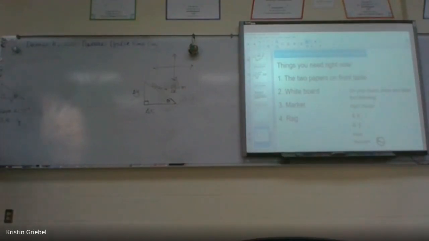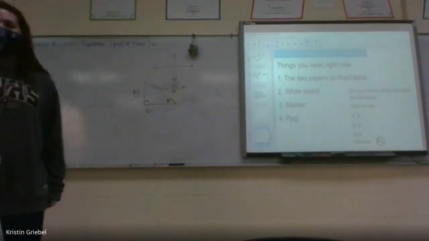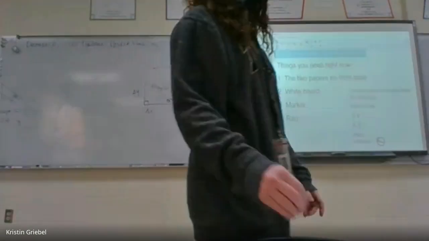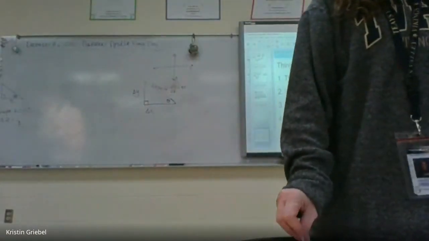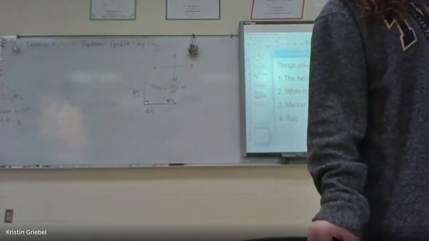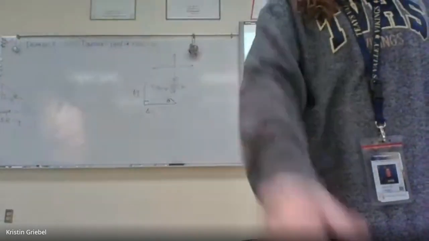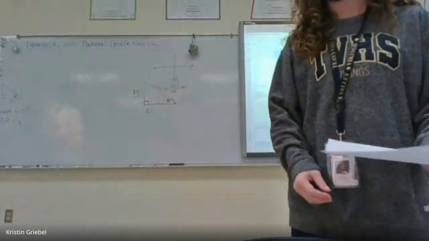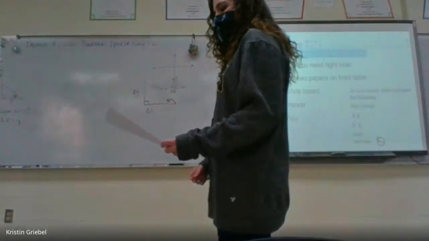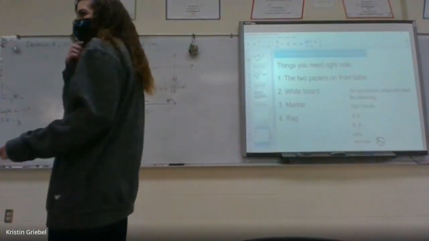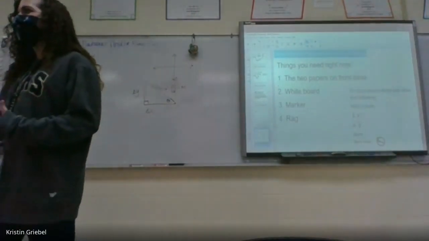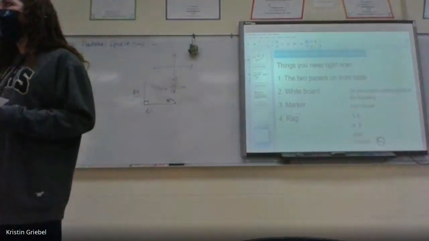So when you're looking at your trig table, everyone pull out your trig table that you should have grabbed. Not yet. It's getting there, but this isn't real trig yet. But we're on our way.